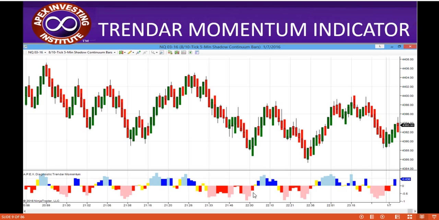Well, the Trendar momentum is the same thing. It's a chop filter, but it's a little bit shorter term chop filter. So we've got a longer term chop filter and a shorter term chop filter.